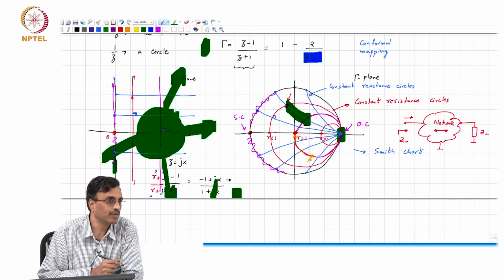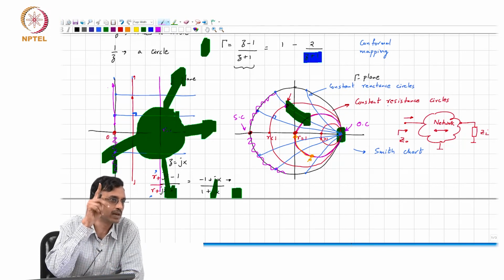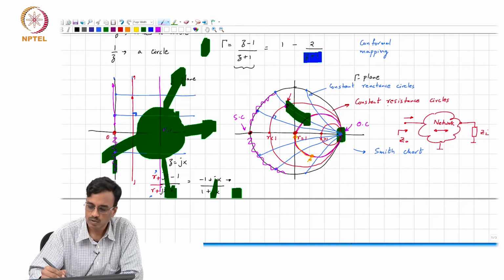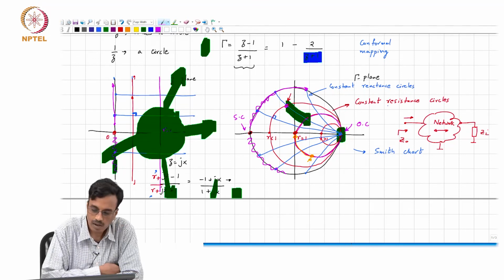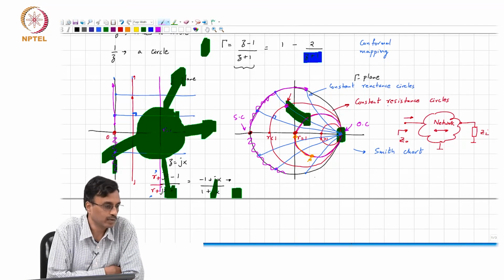As you keep increasing frequency, the magnitude of the reactance will keep increasing, right. So, the inductor will go along a curve on the upper semicircle, and likewise a capacitance, you will see a curve on the lower semicircle.